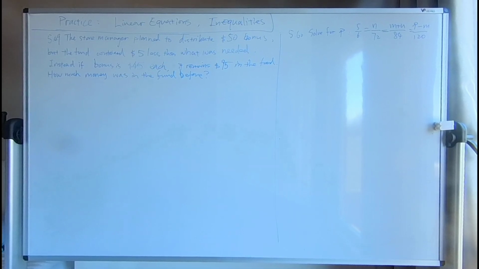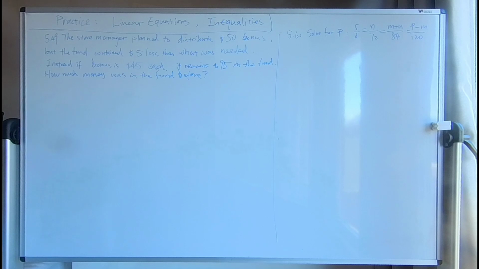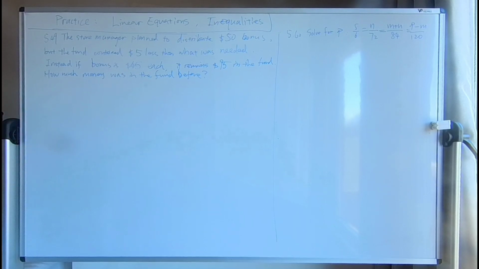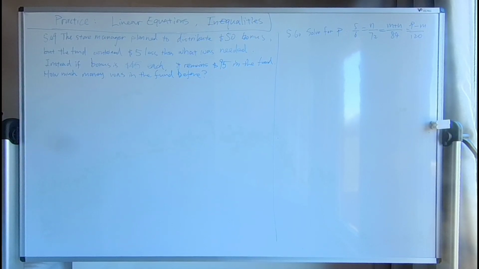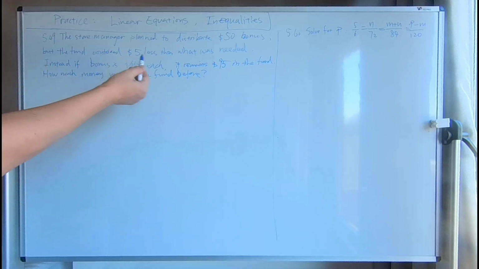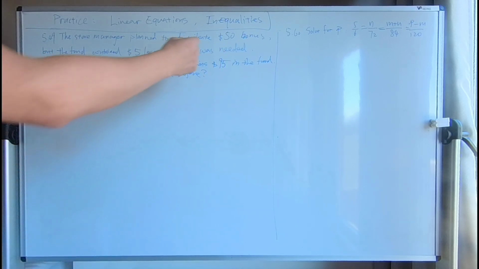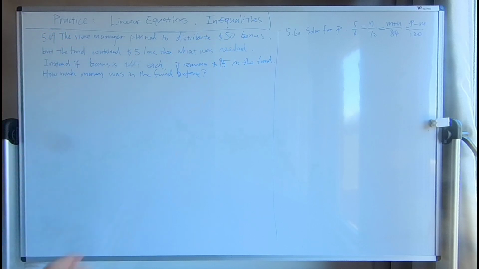Okay, so the next question is a word problem. Let's try to build the equation from the word problem, convert this into mathematical language, and solve that. First of all, a store manager plans to distribute a $50 bonus to each employee, but if he pays $50 to each employee, then the total fund would be $5 less than what was needed.